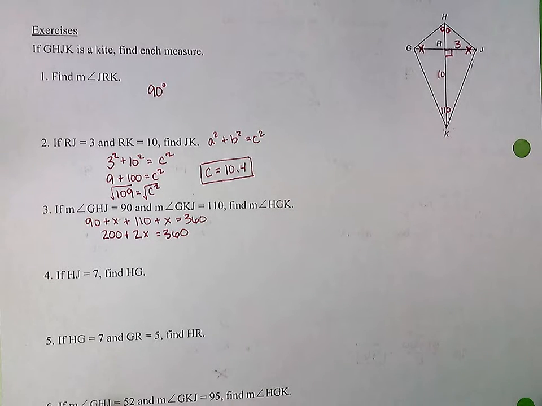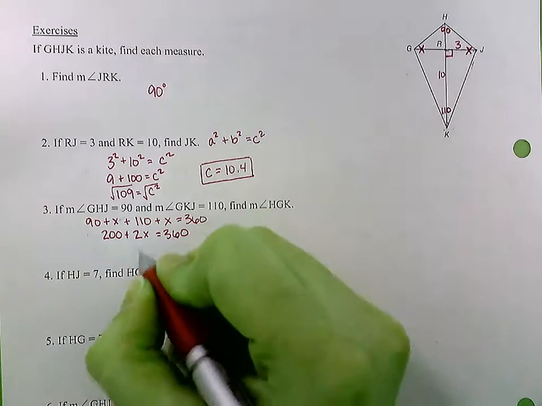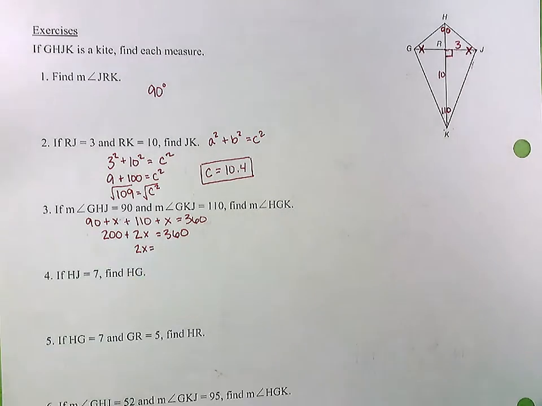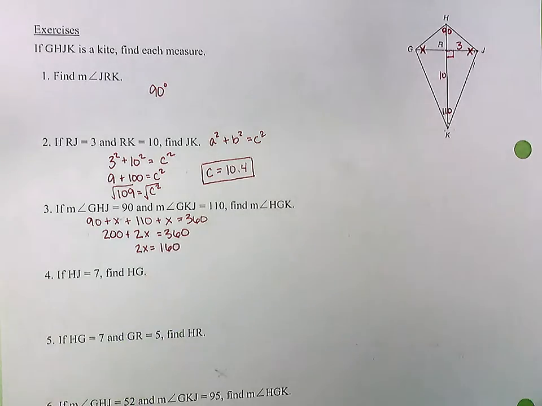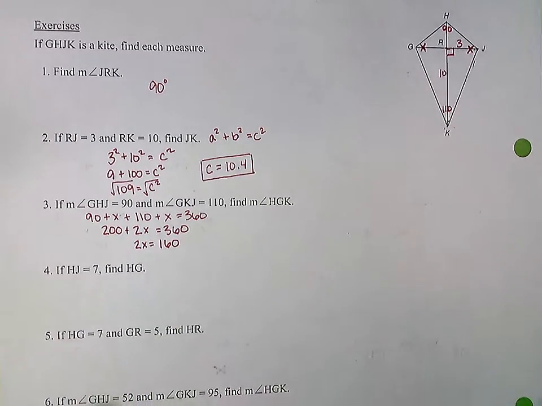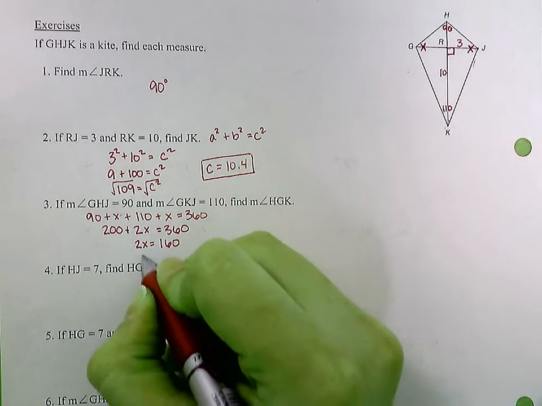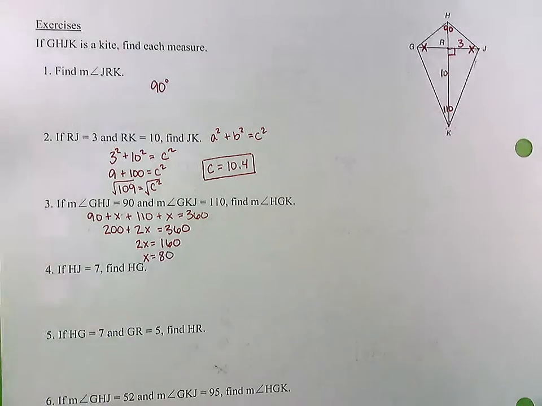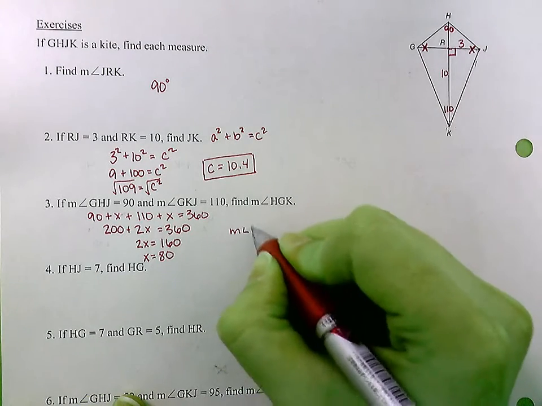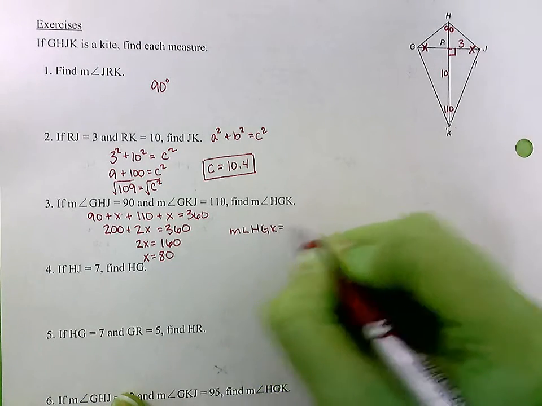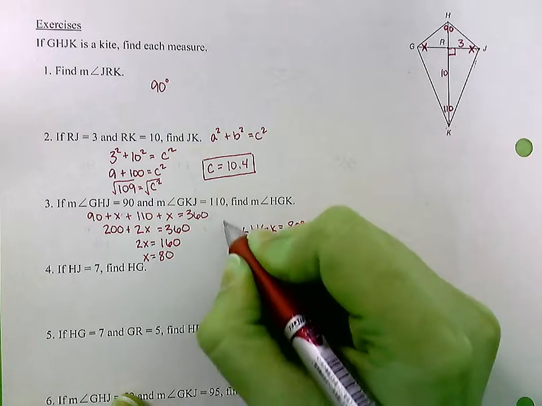Next, I'm going to subtract 200 from both sides to get 2x is equal to 160. Divide by 2, x is 80. So the measure of angle HGK is 80 degrees.